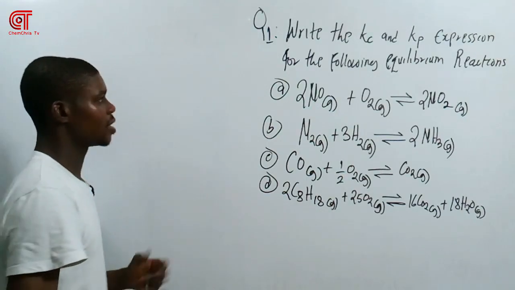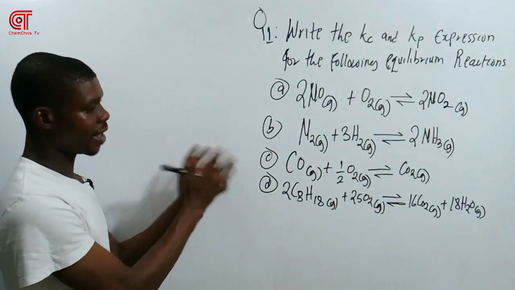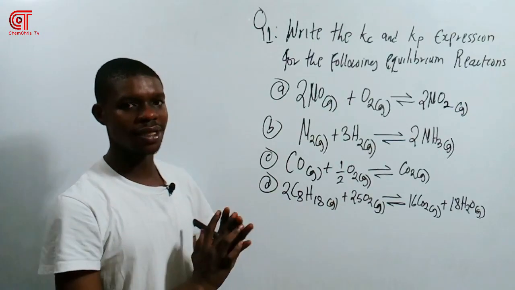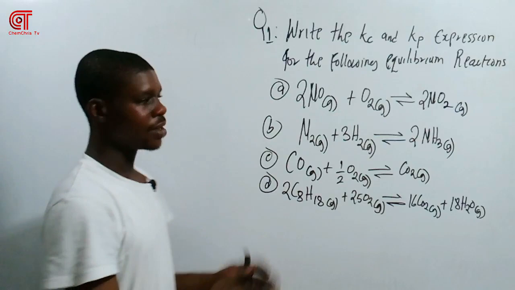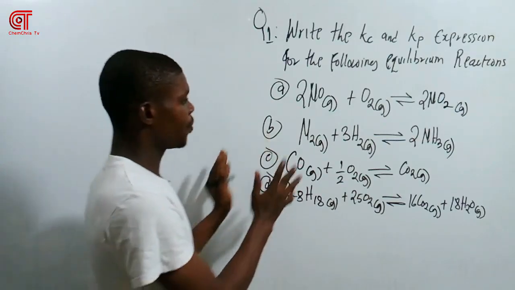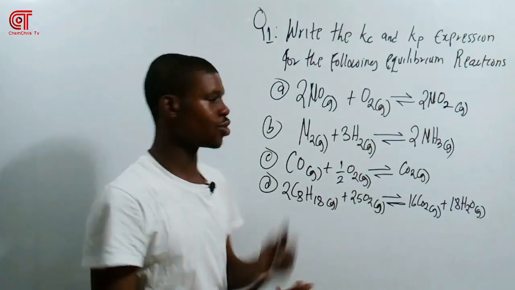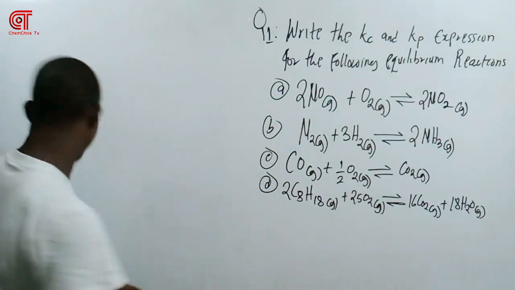Pause the video and try it. If you get the answer, just say I got all my answers. I just want to see the number of people who are actually following this video. So let's do it together.